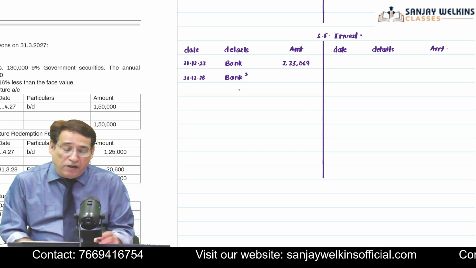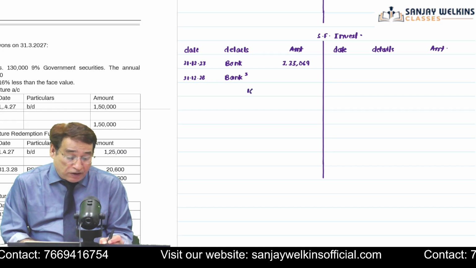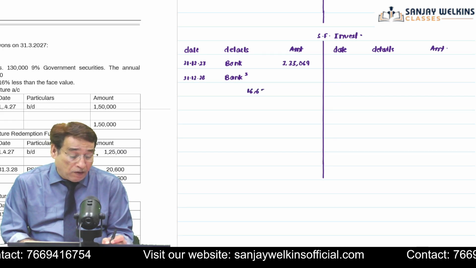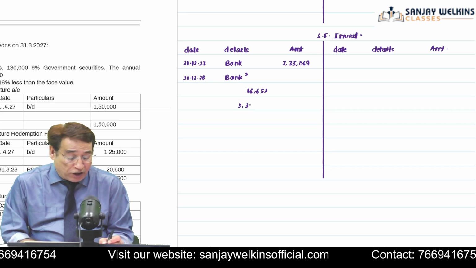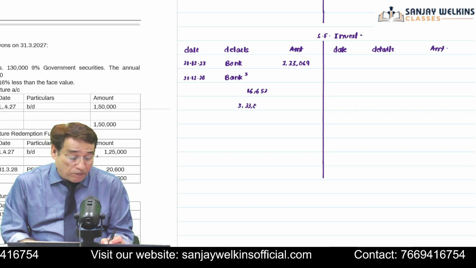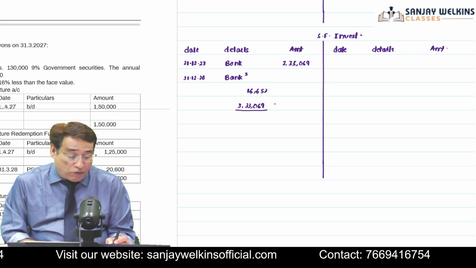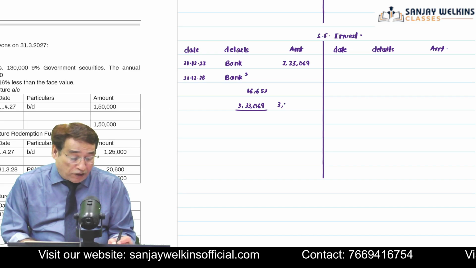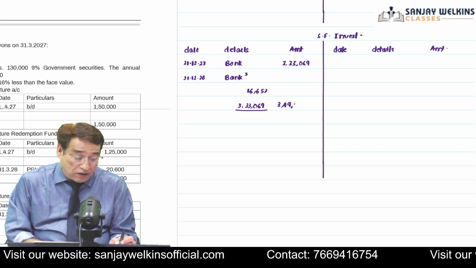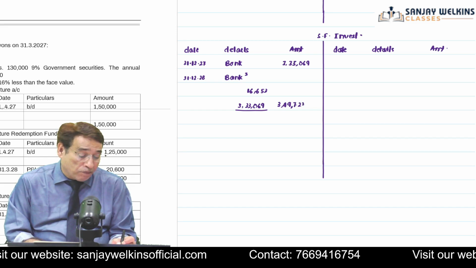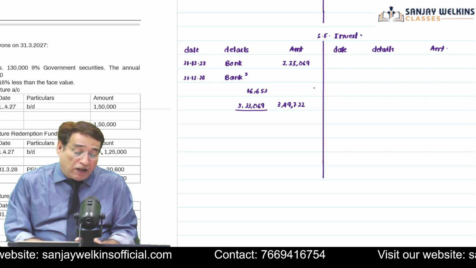We have received interest of 16,653, and we have appropriated 3,33,069. So this much amount we are going to invest, 3,49,722.